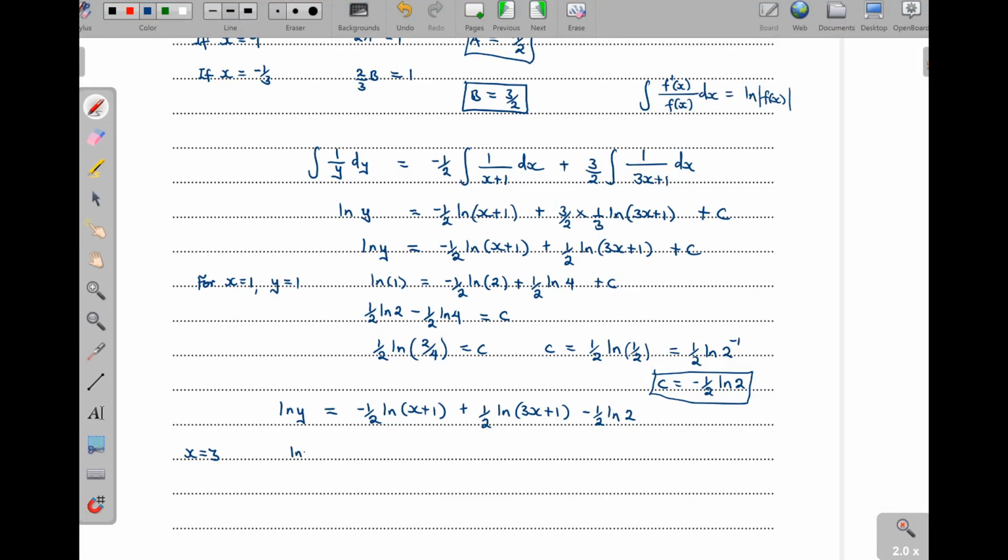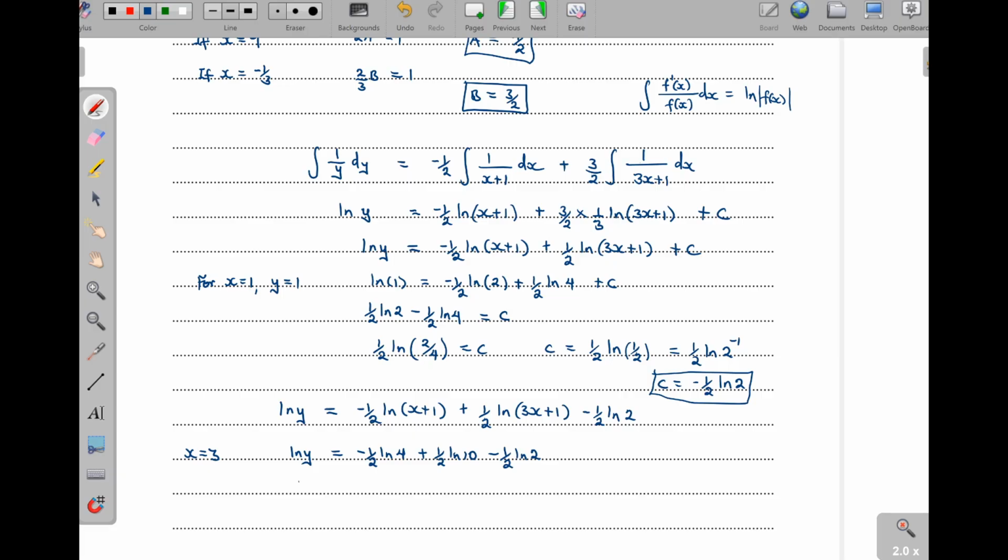So we will have natural log of y, which is equal to negative a half, then the natural log of 4 here, and then plus a half, then the natural log of, put 3 here, that is 9, then plus 1 is another 10, so that's a 10, and then minus a half, then the natural log of 2.